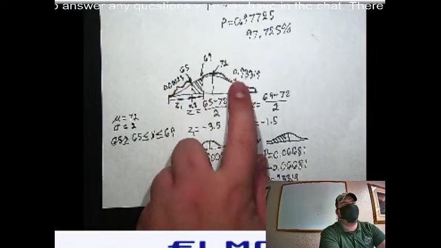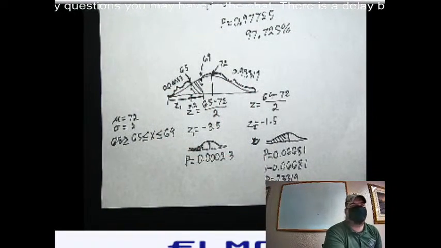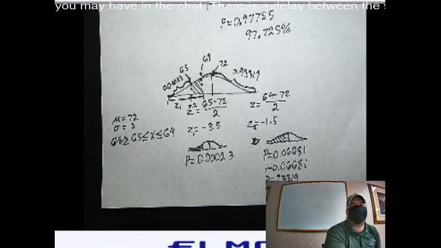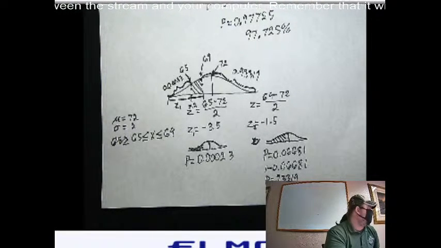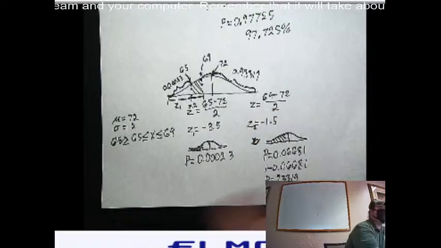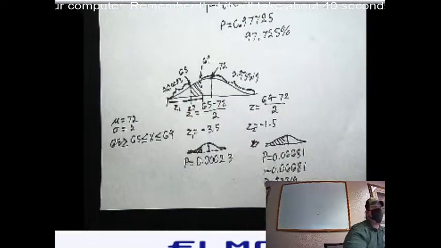So what are we going to do with both of these? Subtract them from? Yeah, subtract them from what? 1. Since the whole thing is 1, we subtract them from 1, and we'll get whatever's left over.